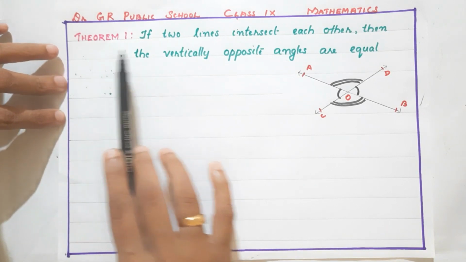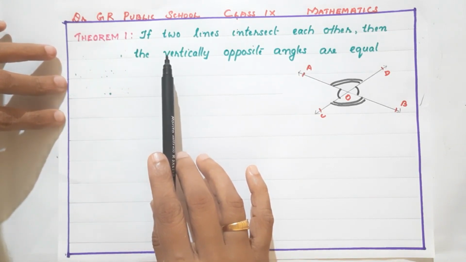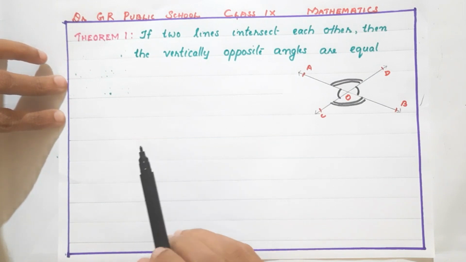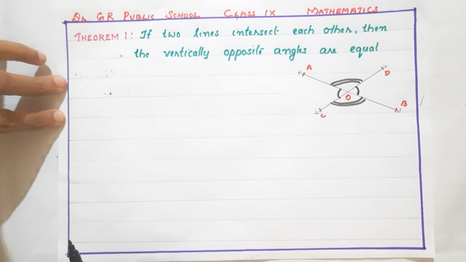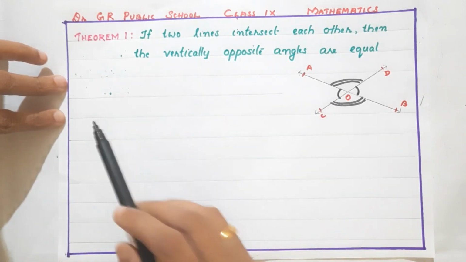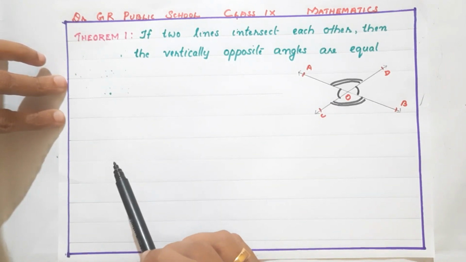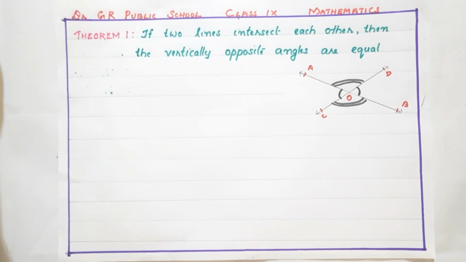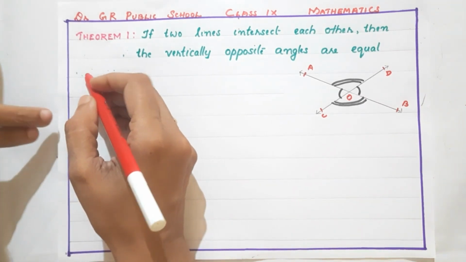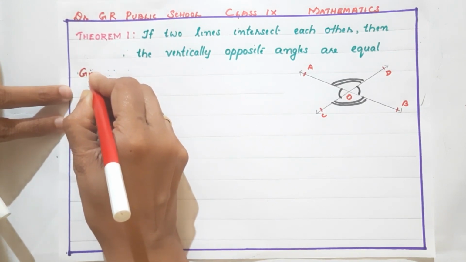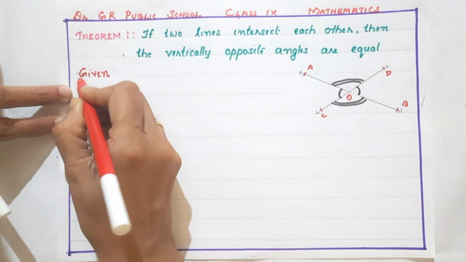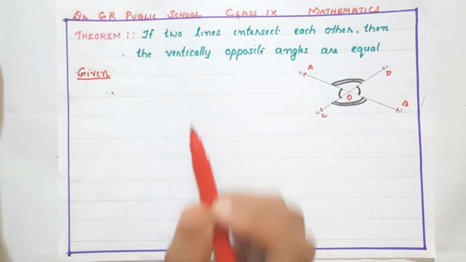Now, here you have to know one thing. When we prove a theorem, there are some steps. First of all, we have to collect the given data. Then we have to write what is to be proved. So first we can collect the given data. I am writing first, given. What are given?